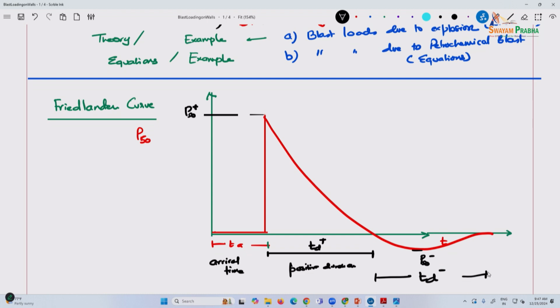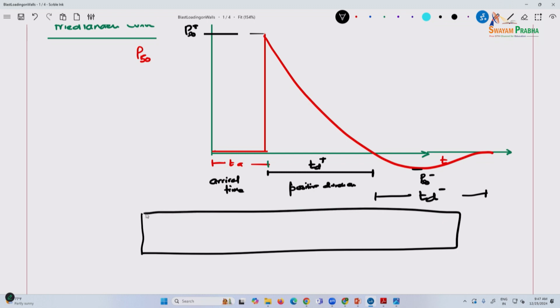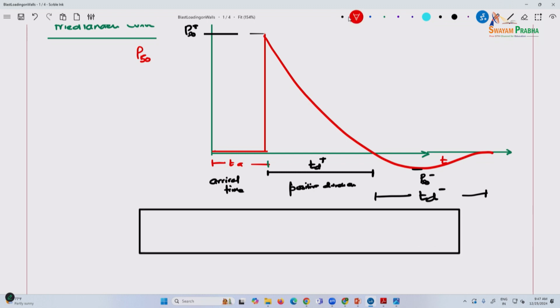So this is the basic curve, and the most common expression that is used if you are doing any research in this, or if you want to explore this topic a little more, you'll probably go to this equation. Most of them use this expression because there are complexities even here, but it's a simple expression.